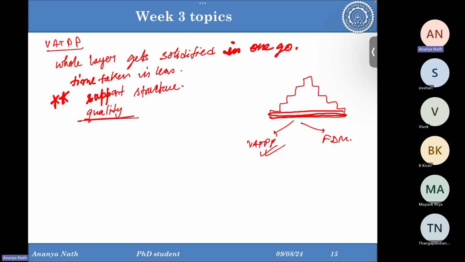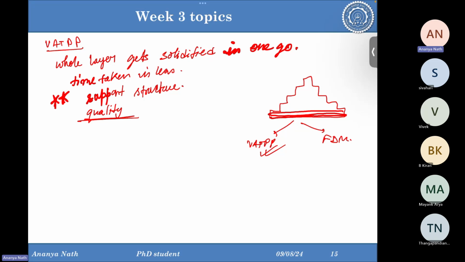Like material jetting and wet photopolymerization give us the best quality product in all other AM processes. But unfortunately, they are only able to make polymer parts, not metal. But for polymer also, these are the best techniques in terms of accuracy, like near net shape manufacturing or full density part. They can make a full density part in just one go and with lesser time.